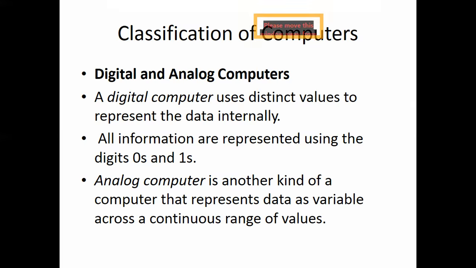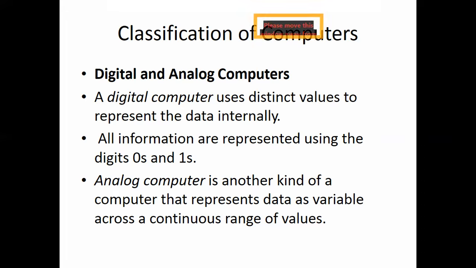Just like when we talk about human beings, there are a number of ways of classifying human beings. When we talk about classification, we're talking about grouping things or putting things in groups. That's the concept of classification. Now, why do we classify things?